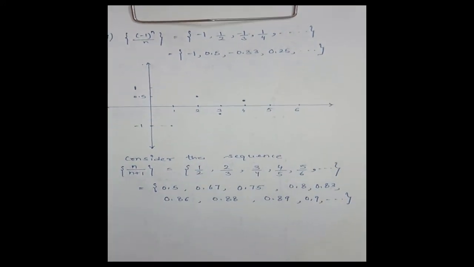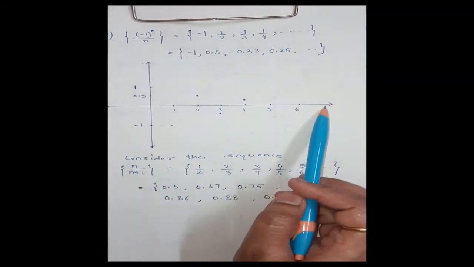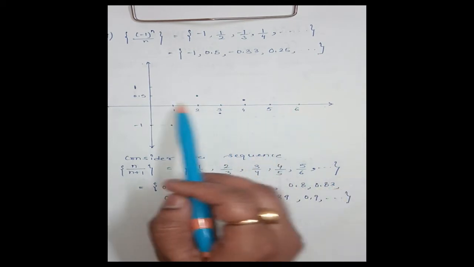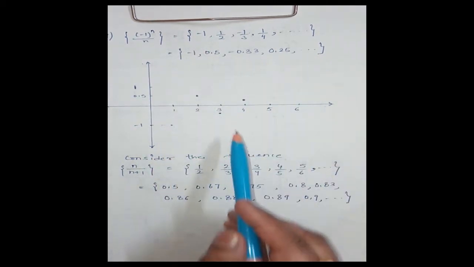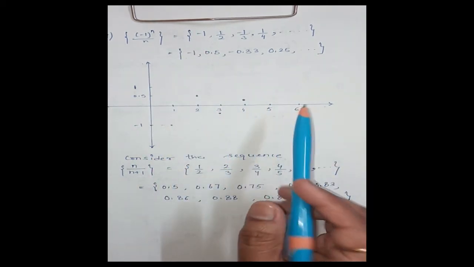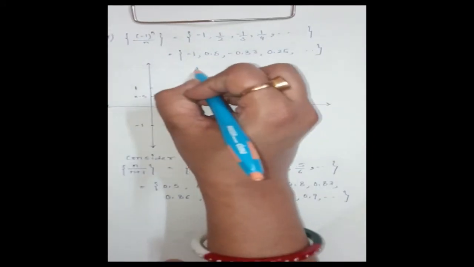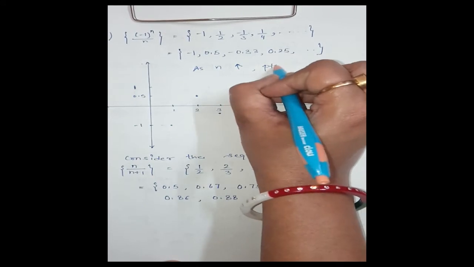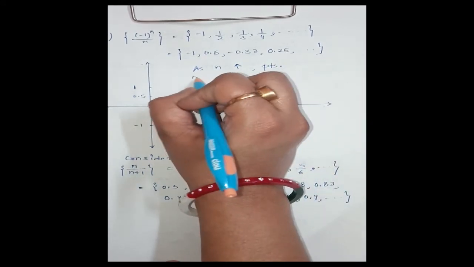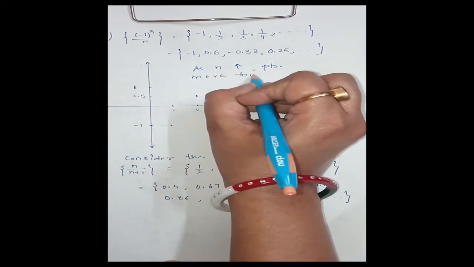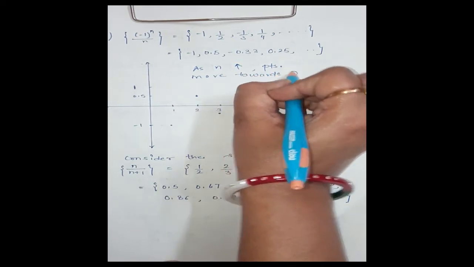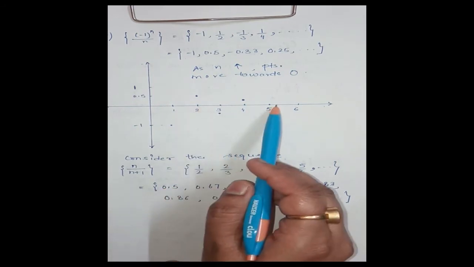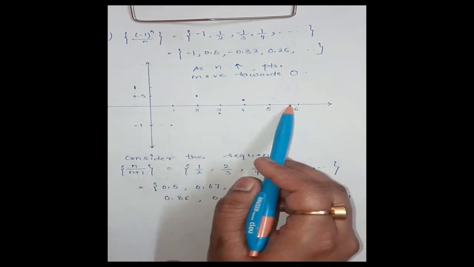On plotting, the graph is like this, and we see that as n increases, the points of the sequence move towards 0. They are tending to 0.